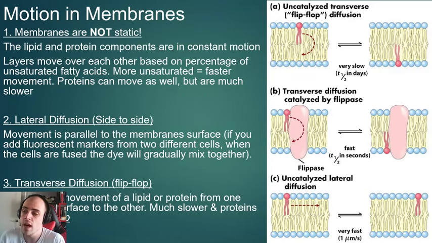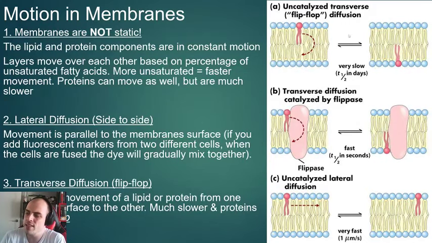If you add a fluorescent marker from two different cells or in two different parts of the cell, they will eventually move and mix together. However, the big thing here is that although they can, it takes a very, very long time, it's very difficult, is it can flip-flop. Now what I mean by flip-flop is that if we come back to this example I was talking about over here, how this fatty acid, or this phospholipid I should say rather, is facing the outside of the cell, it can flip, it can turn upside down, which means this hydrophilic polar head is now pointing towards the inside of the cell.